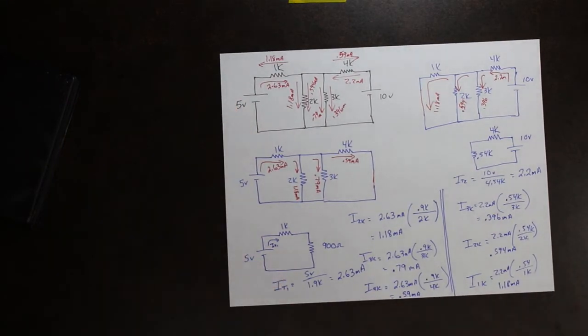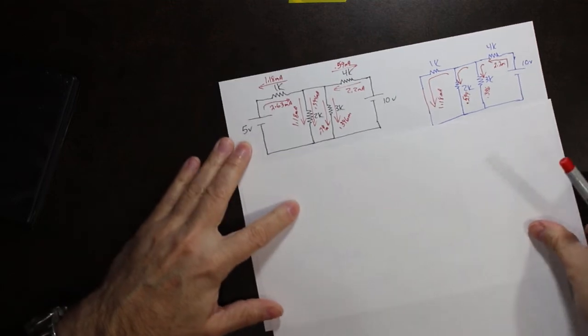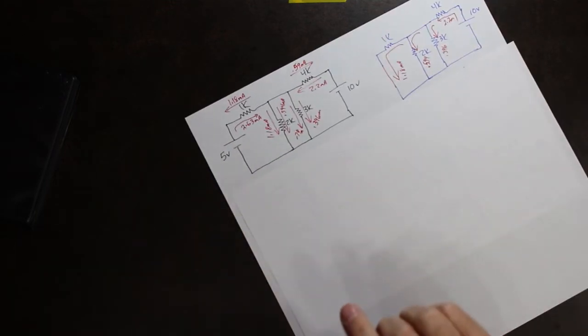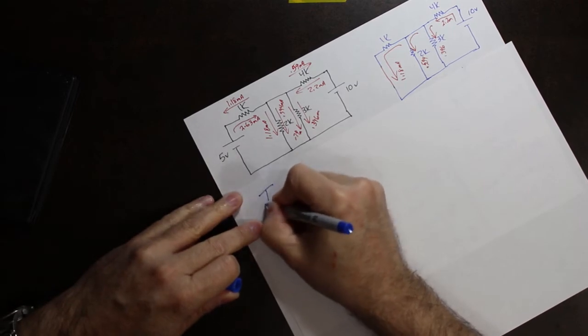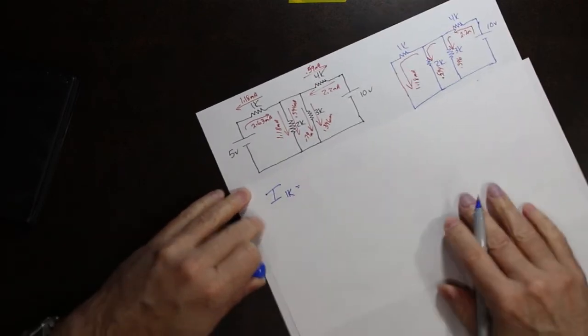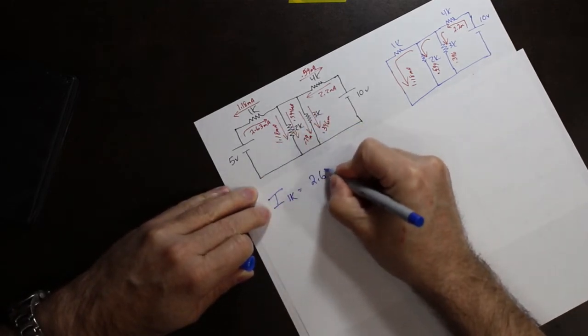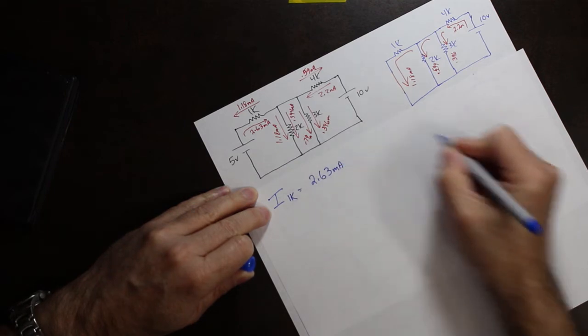So now what we need to do is do our math. So when we look at the current through the 1K resistor, it is 2.63 milliamps.